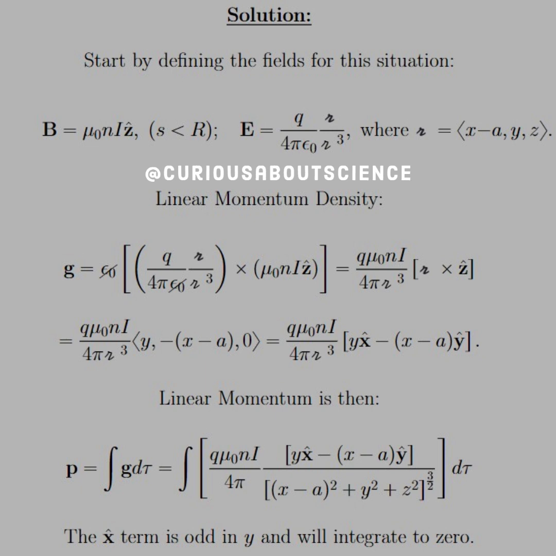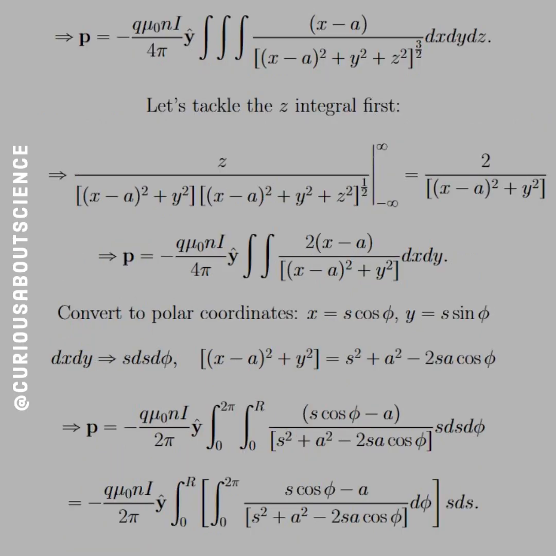So the linear momentum is P equal to the integral of g d tau, and we have this integral where we're going to take several components. By inspection, the x term is odd in y and will integrate to zero because of symmetry over the endpoints, so that is nice.